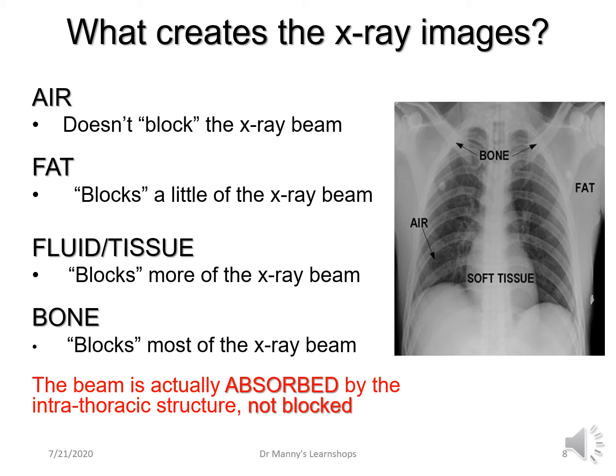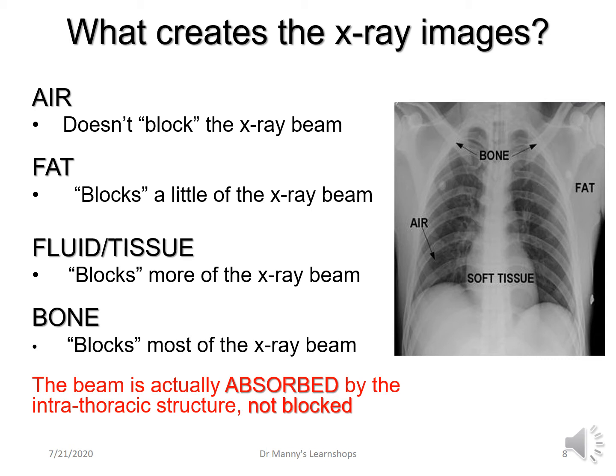So what creates the x-ray images is that the beam is absorbed by the intrathoracic structures, and the more that it absorbs, the more the image is seen on the chest x-ray. The 4 densities are: air, radiolucent, least dense; bone, radio-opaque, most dense.